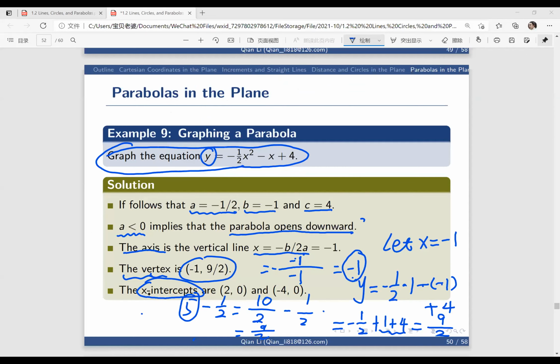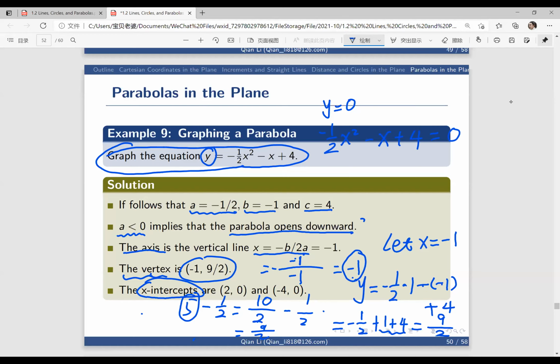Let's see the x-intercept. The x-intercept is found if we let y be equal to 0 in this equation. We can get -1/2 x squared minus x plus c is equal to 0, right?